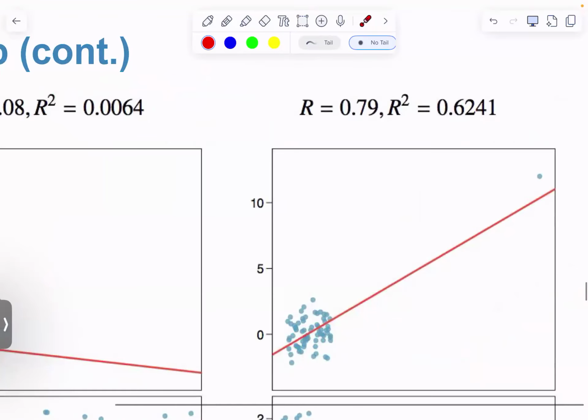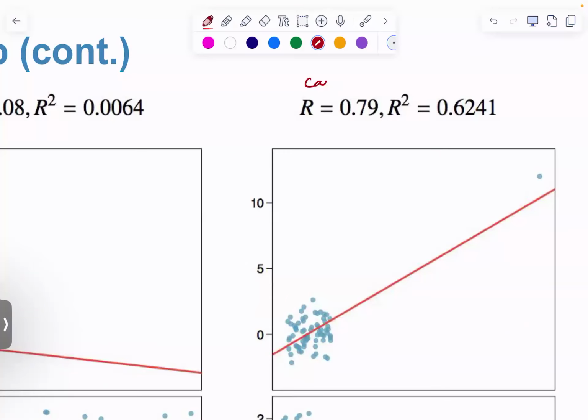Now the caution here: if you're just looking at numbers blindly and you see a correlation of 0.79 and an R squared of 0.6241, you'd be really pleased with that.